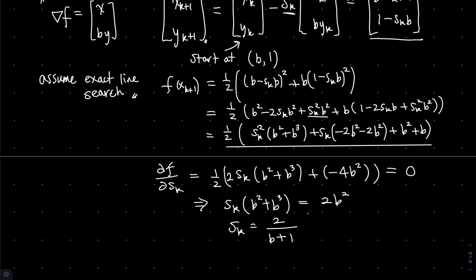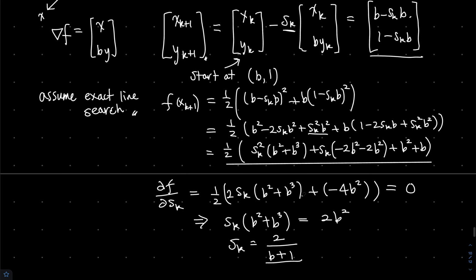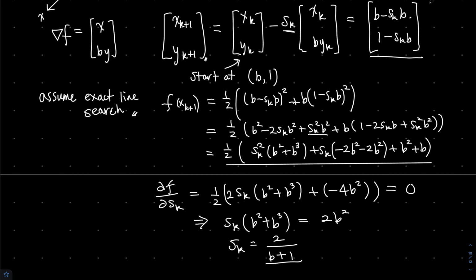Now, if we insert this value, 2 over b plus 1, in here, what do xk+1 and yk+1 become? b minus 2 over (b plus 1) times b. Let's first write it for xk.